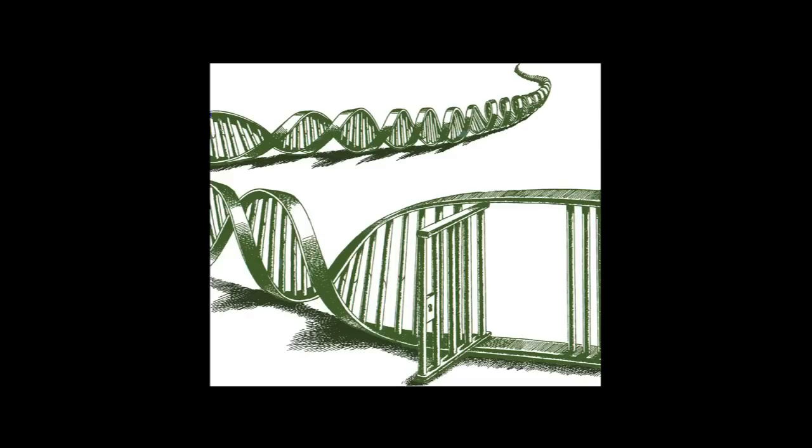DNA evidence has recently shown to implicate as well as exonerate people in crimes. Notice that the gate on this illustration swings both directions. We have seen people exonerated from death row, from crimes that they could not possibly have committed based on DNA evidence that was later brought to light, even after they had spent, in some cases, decades in prison.